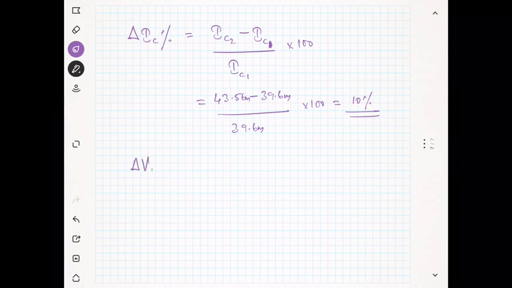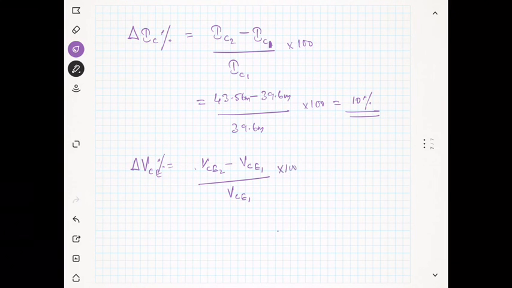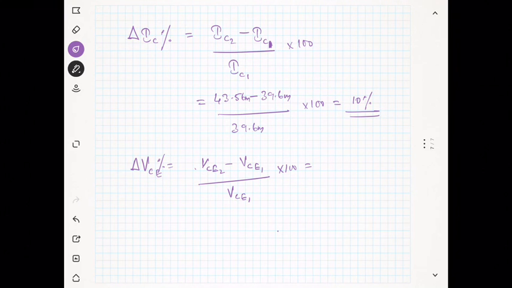Now we will see how much the change in VCE is. Delta VCE percentage is VCE2 minus VCE1, divided by VCE1, times 100.